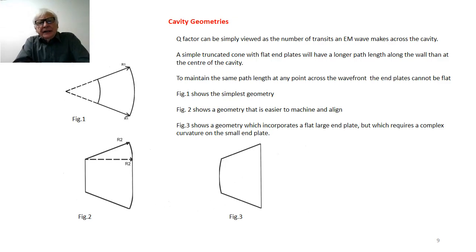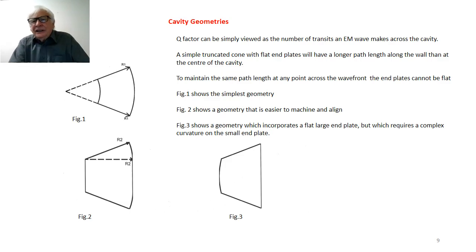We'll now look at a selection of cavity geometries which have been used in EmDrive thrusters. And the first thing to define is that the Q factor can actually be viewed as the number of transits that the electromagnetic wave makes across the cavity from small end plate to large end plate, whilst it maintains the input energy level.